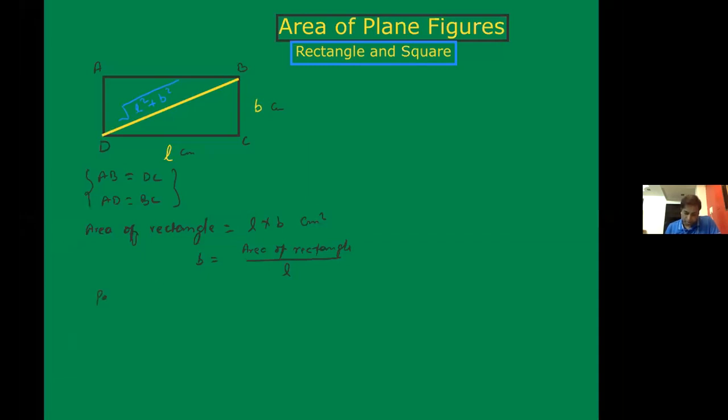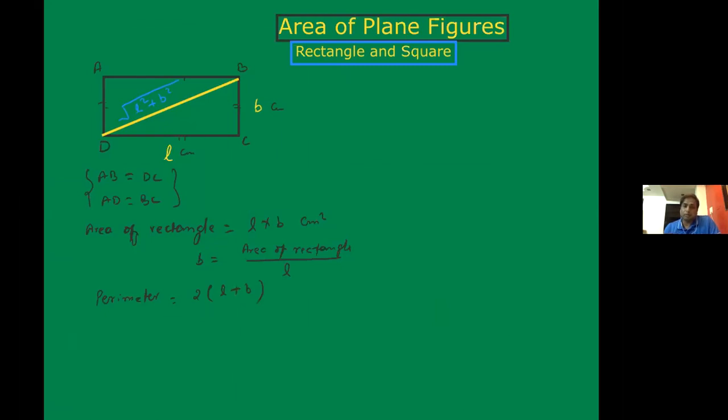So perimeter is equal to AB plus BC plus DC plus AD, which equals 2 times length plus 2 times breadth, I can say, because this length is the same as this length. So 2 times (length plus breadth).